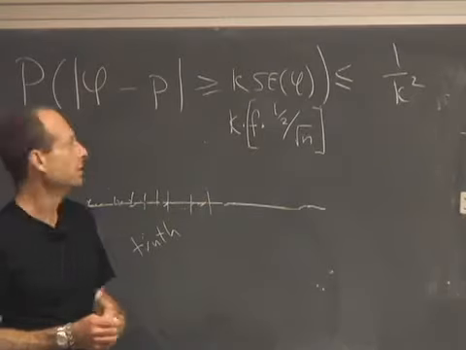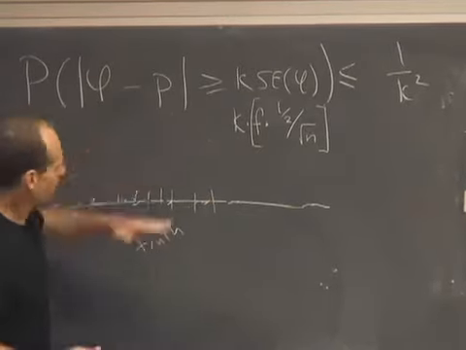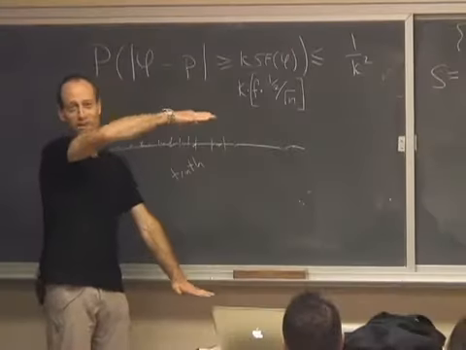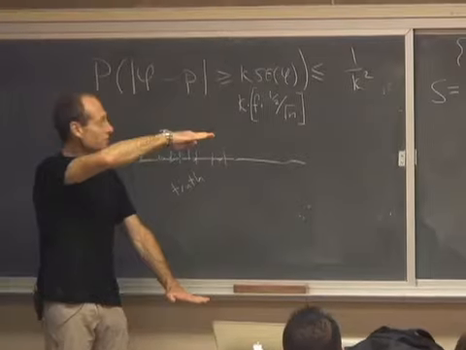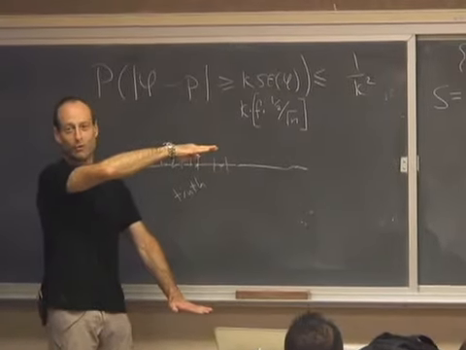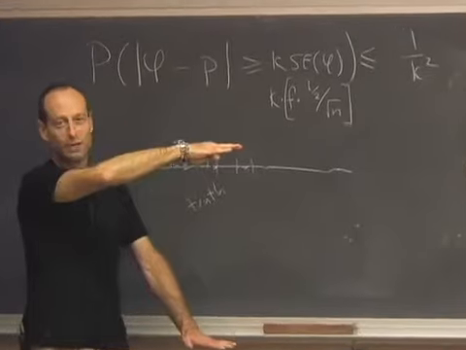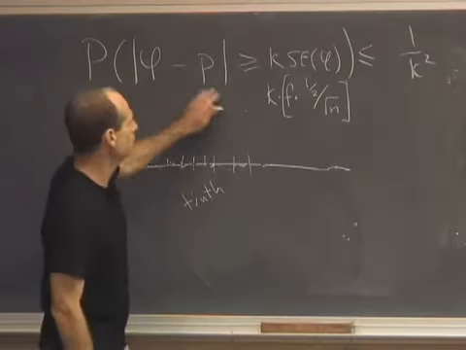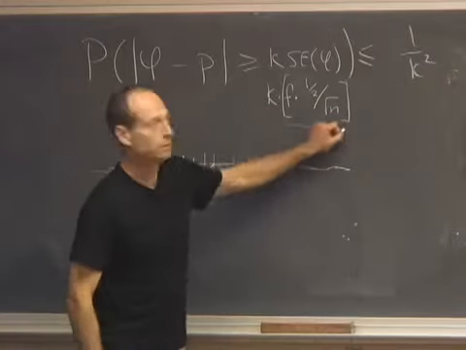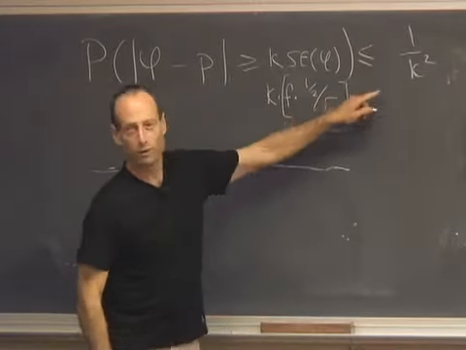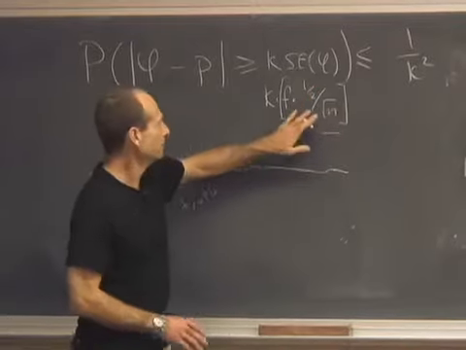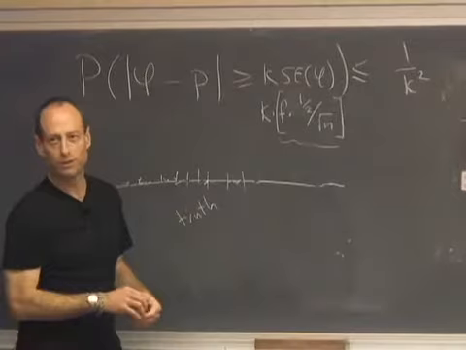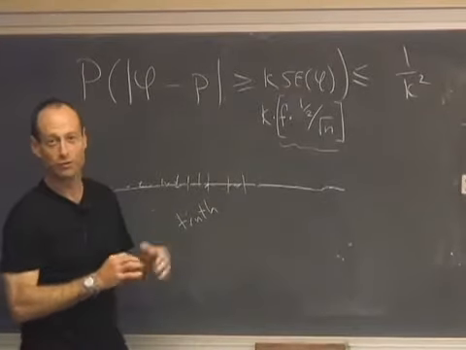So if the chance that this difference is bigger than this is at most 1 over k squared, what's the chance that it's bigger than this? Still can't be any bigger than 1 over k squared. 1 over k squared is still an upper bound. So the chance that the sample percentage differs from the population percentage by more than k times this bound is also no more than 1 over k squared. In fact, probably smaller, because this was already an inequality, and this is now plugging something even bigger in as the threshold. So this is very conservative.